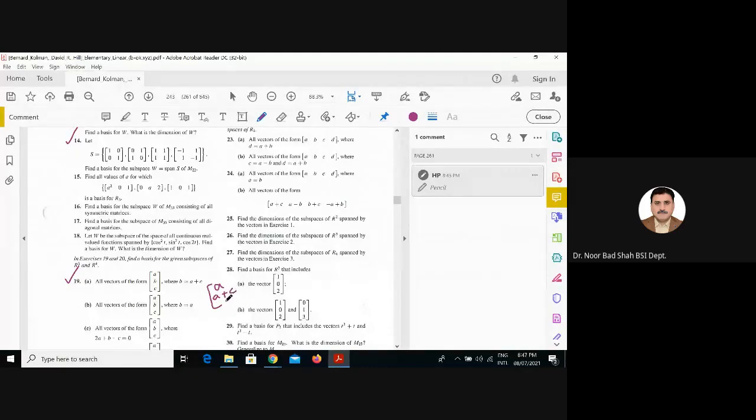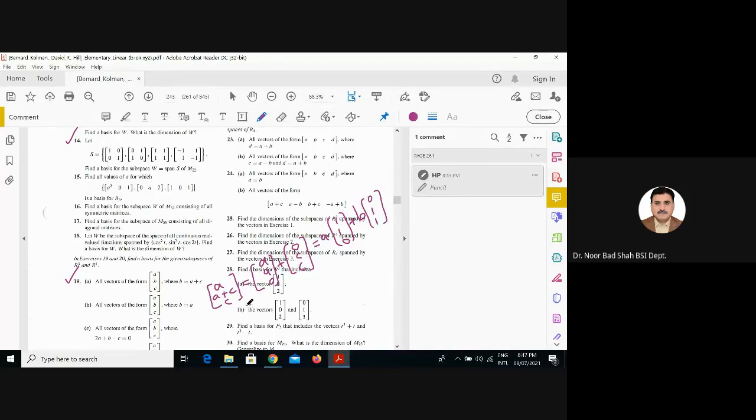And then we have C. So what would we do? We would write that as A, 0, plus 0, C and C. So we take A common from here, 1, 1, 0, plus B, that is 0, 0, 0, 1, 1.